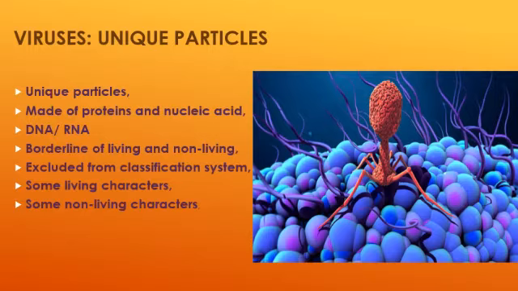They are on the borderline between living and non-living organisms because they have some living characters and some non-living characters. That's why they have been excluded from the five kingdom system of classification.